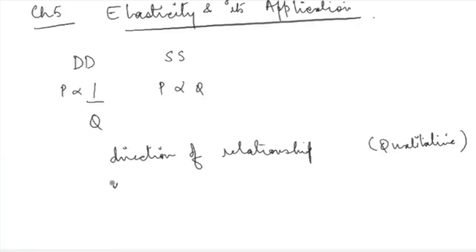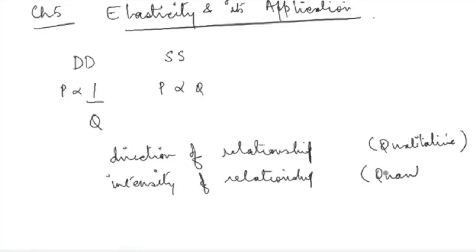But sometimes you may be interested in looking at the intensity of relationship. In other words, you can call it as quantitative relationship. Now, demand and supply curve in itself do not reveal a very quantitative information, but elasticity is one concept in economics that tells you the intensity or the magnitude of this relationship between prices and quantity.